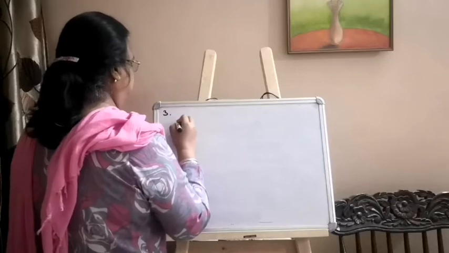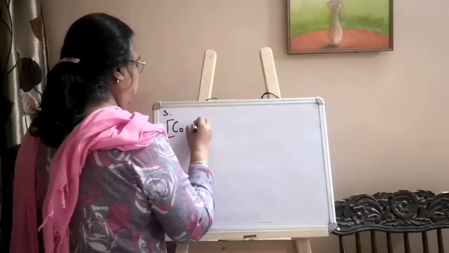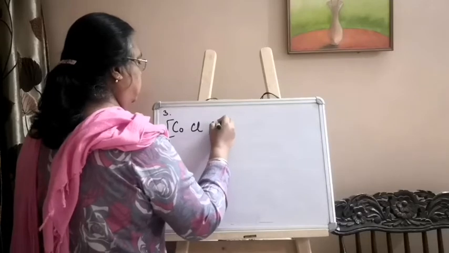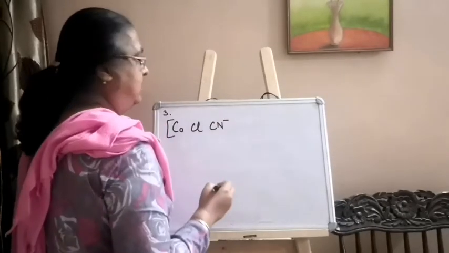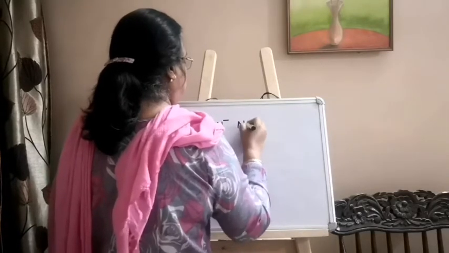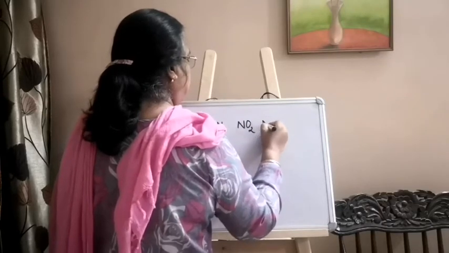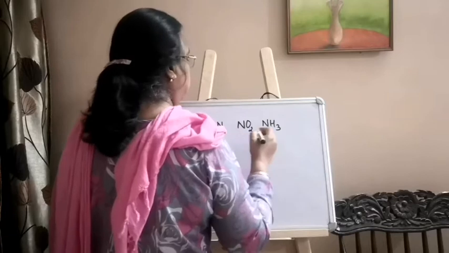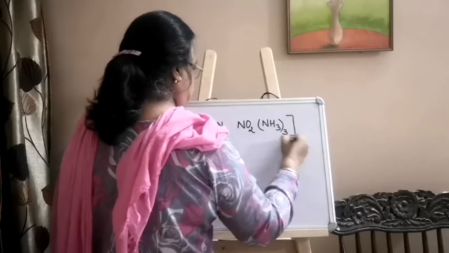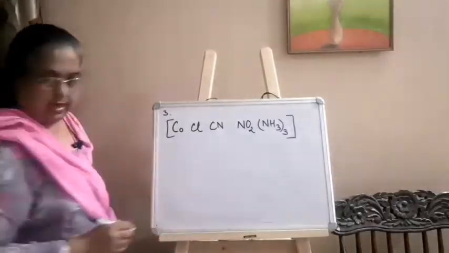So take an example, suppose cobalt is linked to a ligand chlorine, and linked to cyanide, and NO2, and NH3. Suppose this is your complex compound.